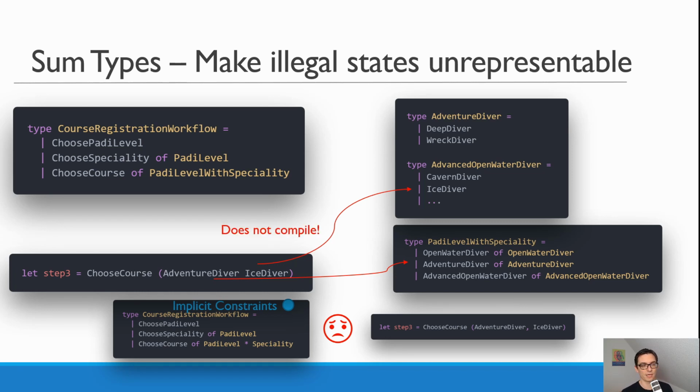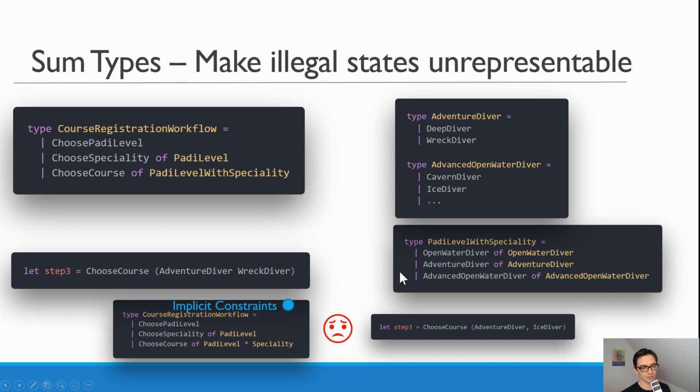But when we actually change this and say, okay, now we have an adventure diver that takes a wreck diver, which is a specialty of those adventure divers, everything compiles and we are pretty happy.